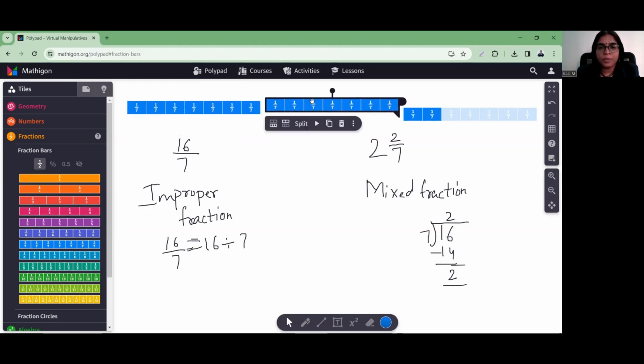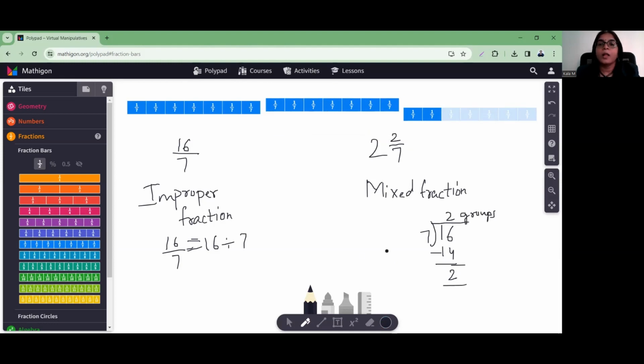Another group of 7. That means the quotient always says how many groups I could make. So two groups I've made. If I can make two groups, that means the whole number is 2. Two full wholes I could make.